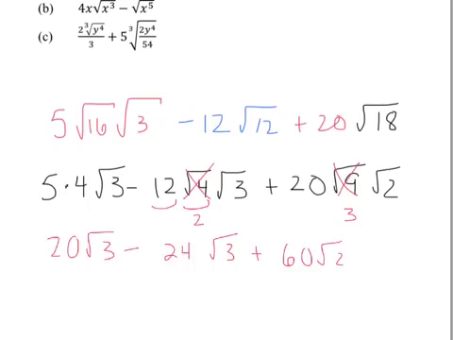Do you see the difference there? The root 2 and the root 3 are like having two different variables. They're not like variables, or they're not like radicals. So the 60 root 2 is not going to be simplified any further. We leave it alone. That's like having 60y at the end. But what's 20x minus 24x? Negative 4x, so it's negative 4 root 3.